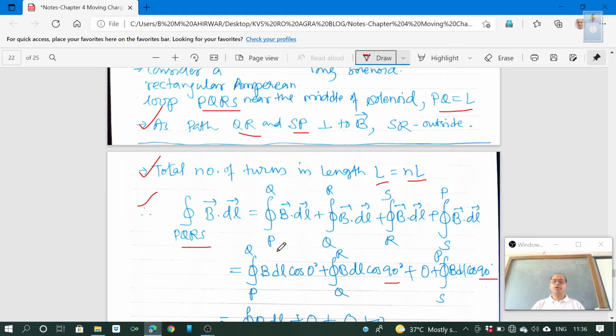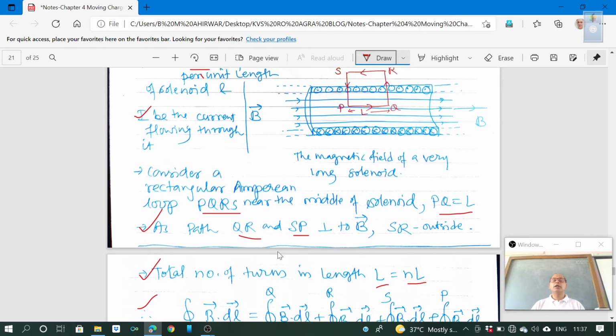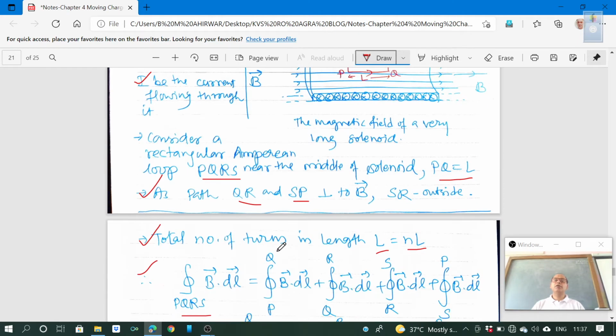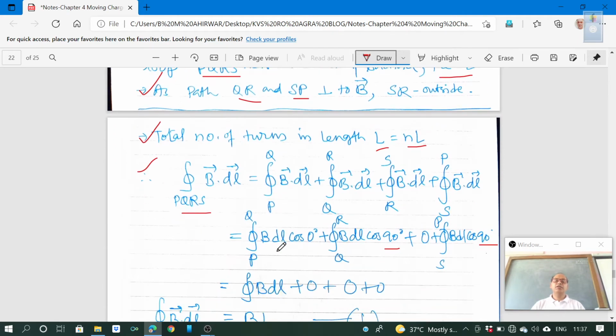But for PQ, the direction of PQ is the direction of the magnetic field, so it is cos 0. And outside the solenoid the magnetic field will be 0.